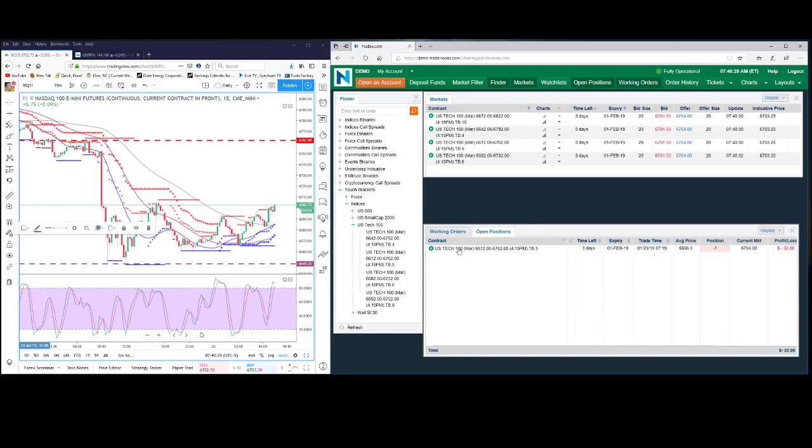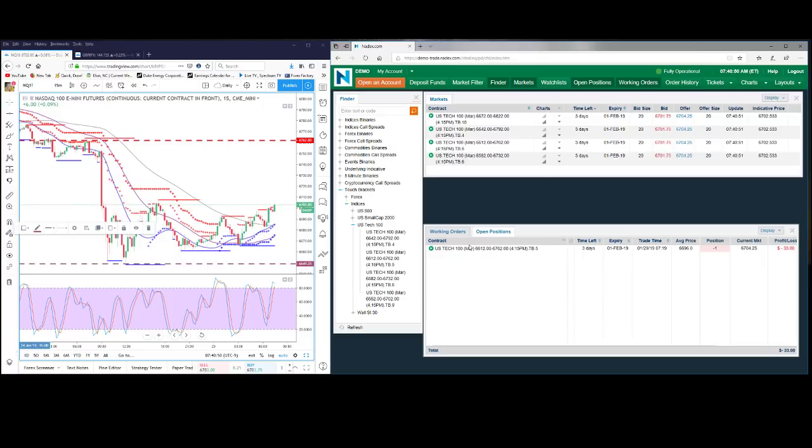Now again, if you wanted to come in here and set a working order, you could. Or if you didn't like the way price was going, then you could always exit the touch bracket at any time. Okay? You're not locked into a trade at all with a touch bracket.